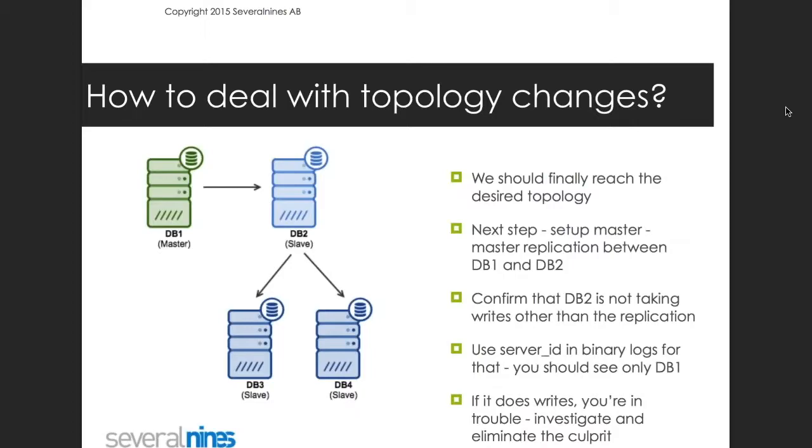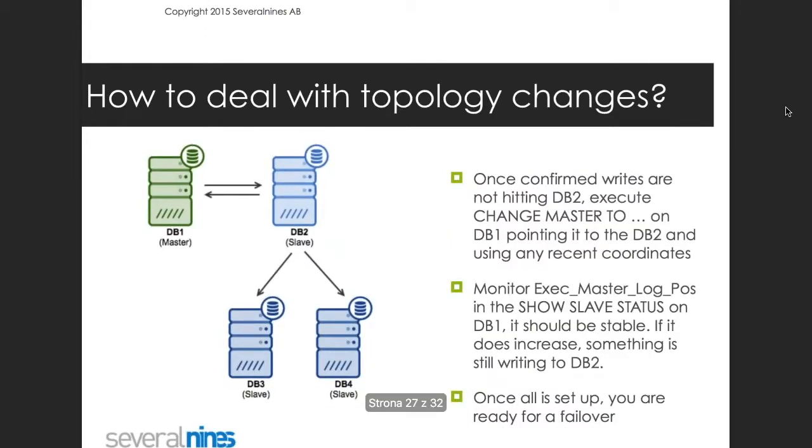But we have to set up the replication between DB1 and DB2, master-master replication. So we need to confirm there are no writes hitting DB2, and then set up this replication, and then again monitor that everything is fine, there are no writes hitting, and then finally we can fail over.